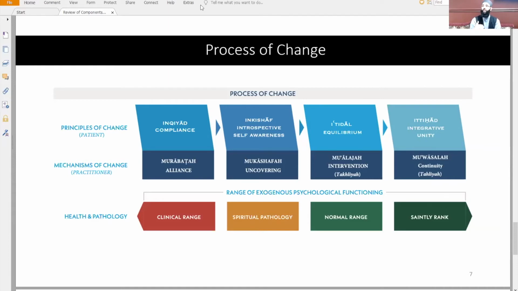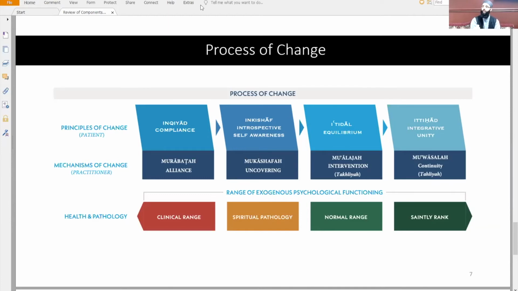Ta'rif is the explanation, actually making the person aware of what it is that you're going to be administering, and then giving them that protocol, or placing that burden of responsibility upon them. So yes, it is very similar to that idea here, where there's a process of inqiyad, murabata, building the relationship, which ta'lif is built within.